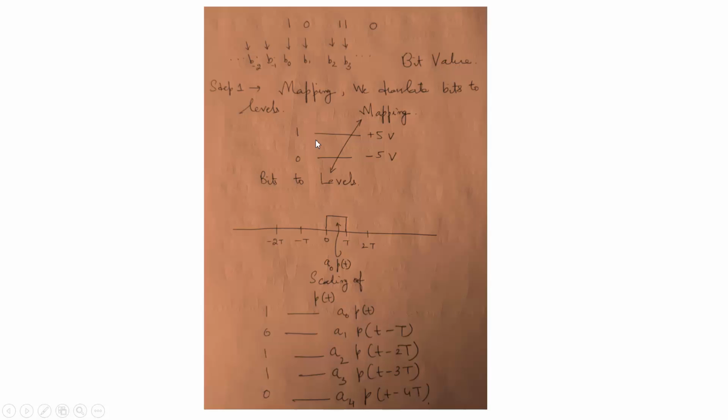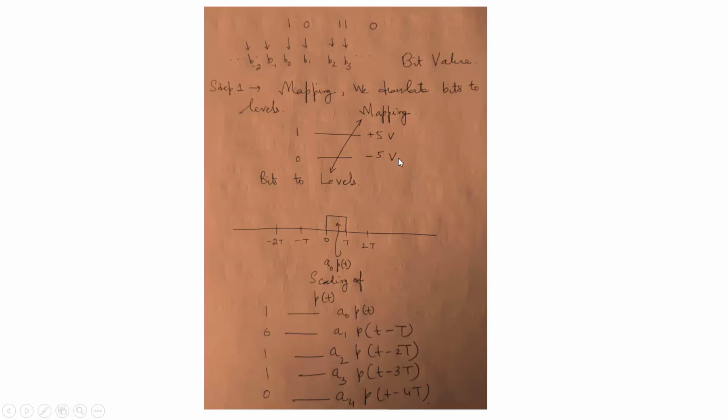So there has to be a mapping: if the digital bit is 1, it has to be represented with plus 5 volt, and at present I am taking a rectangular waveform, so it will be a plus 5 volt rectangular waveform. When 0 is to be sent across the analog channel, it will be minus 5 volt of PT.